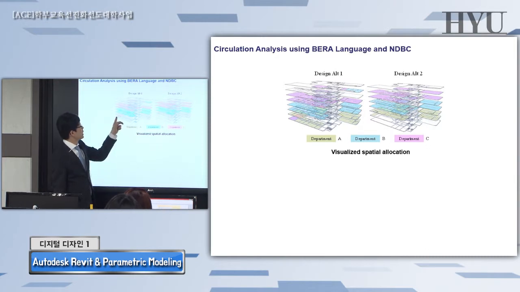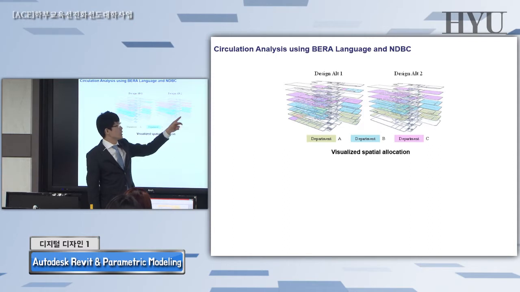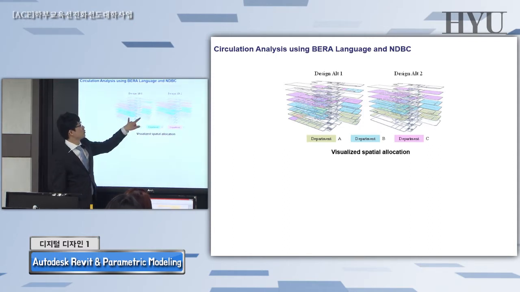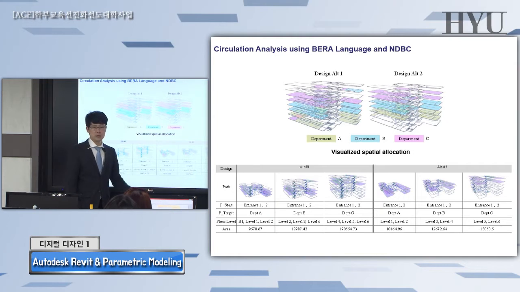Design alternative 1 has a scattered allocation, and design alternative 2 has 5th and 6th floor allocation. Actually, we used this one in actual construction, but we had 2 or more alternatives at the time. So we analyzed those 2 alternatives this way: total walking distance, total turns, spatial depths, and so on.